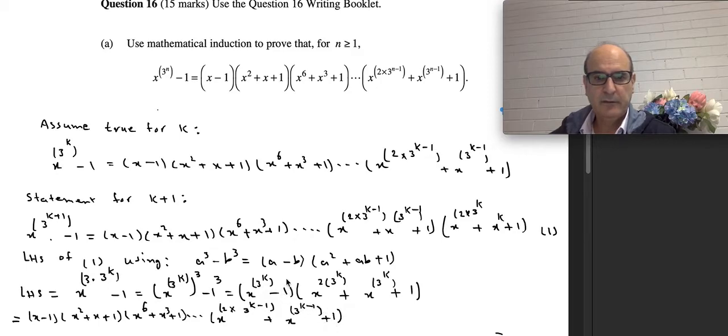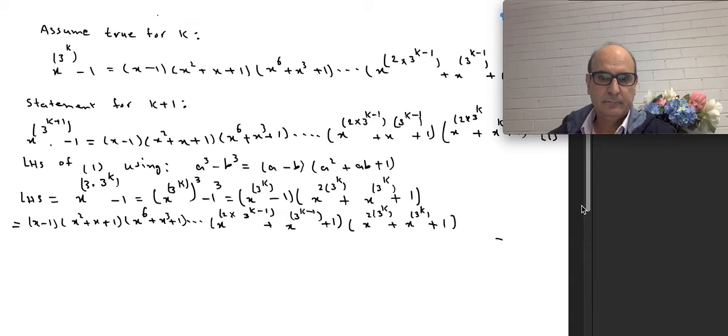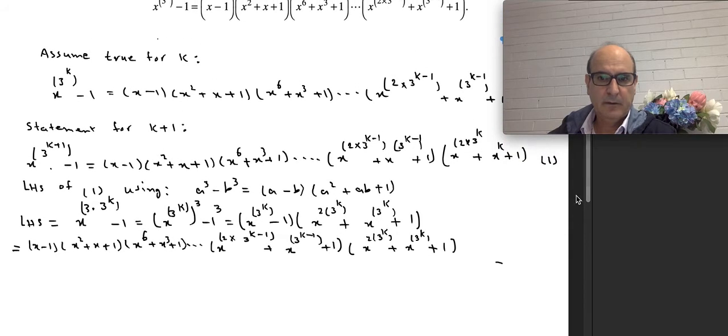That covers me up to here, and I add the next bit. x to the power of 2 times 3 to the k plus x to the 3 to the k plus 1. All right, and that is basically what we wanted to prove.